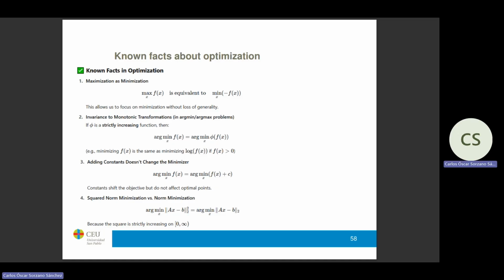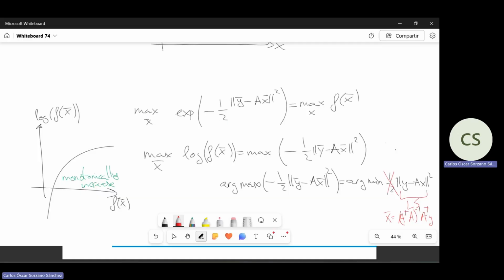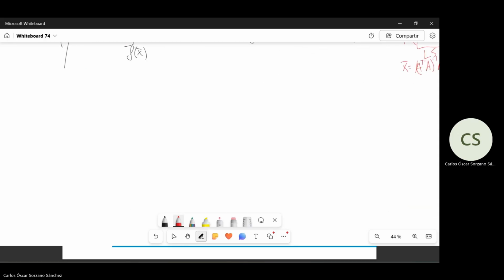And that is important. The square is strictly increasing on the positive side, and this is positive because it is a norm. On the other side, the square x squared has a shape where here it is decreasing and here it is increasing.